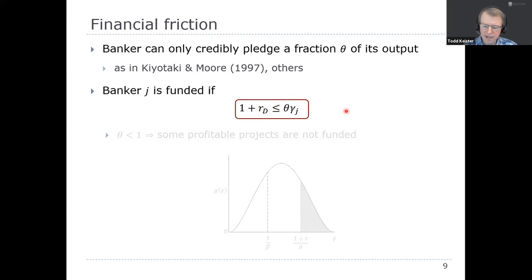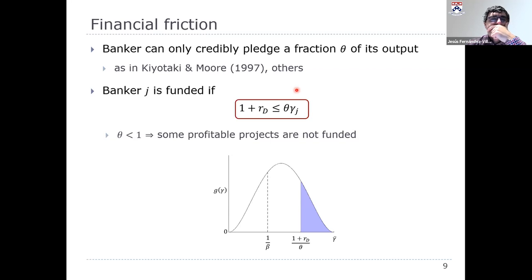And we'll talk about the case where theta equals 1, so there's no friction, but the more interesting case I think is where theta is less than 1. In that case, some projects that are profitable at the market interest rate are not going to be funded because of the friction. So this friction theta is going to be one of the key parameters for determining the optimal policy. So we're going to come back and talk about that a lot.